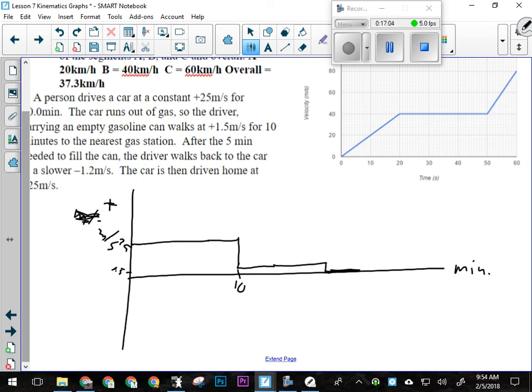Yes, because sometimes, guys, when I give this question, people don't do this, which is what they should do. They go along here, and then they go down to negative 25, and then they go all the way back home. Sometimes they do this. What are you doing when you do that? Going back in time. You've got to make sure you understand what you're doing when you draw on a graph.